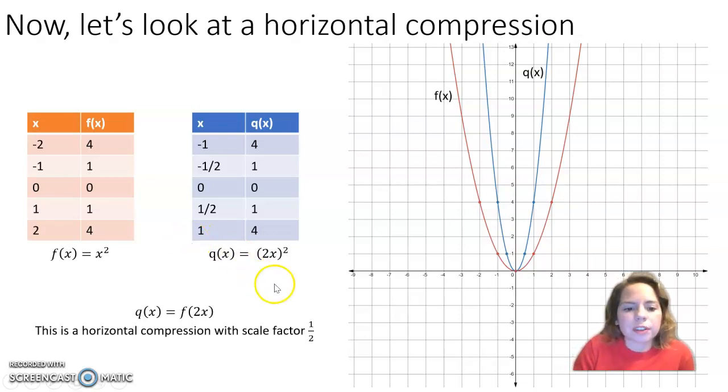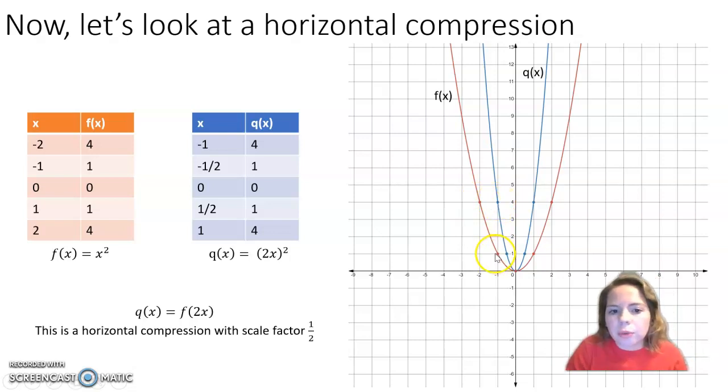So when we take a look at some of the specifics with the ordered pairs, say I look at the -2, 4. When I look at how that changed when we get to the blue graph, the -2, 4 is actually becoming that -1, 4 when we're pushing it inward. And then say I look at -1, 1, that actually goes to -1/2, 1.